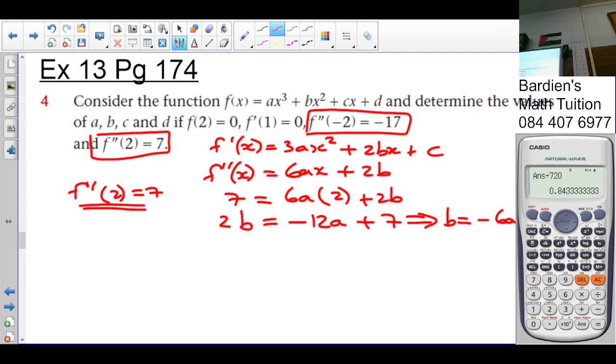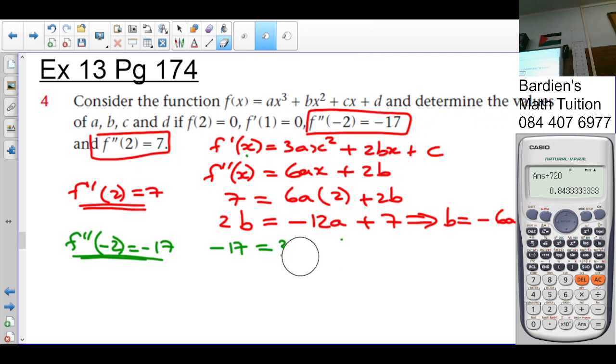Let's look at the next bit of information. We have f double prime of negative 2 is equal to negative 17. With that information I can say negative 17 is equal to, wherever I see an x, I put a negative 2. So 6a into negative 2 plus 2b.